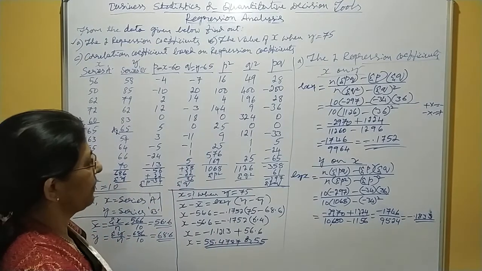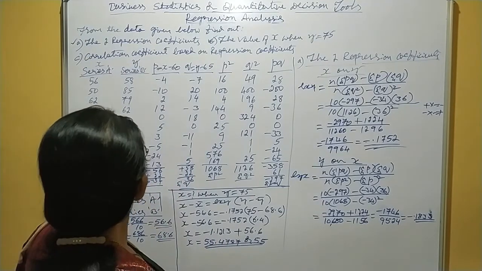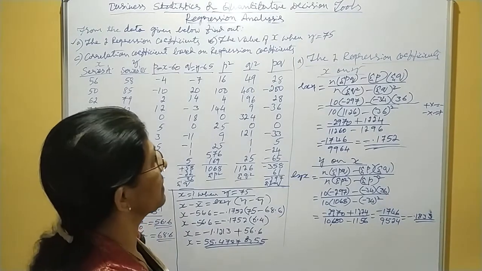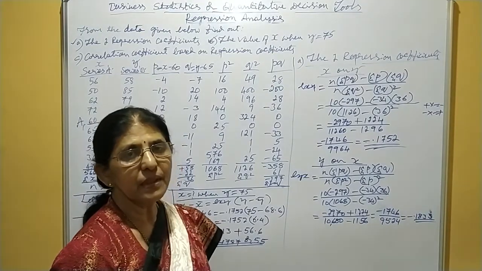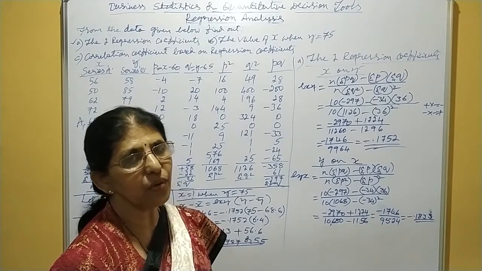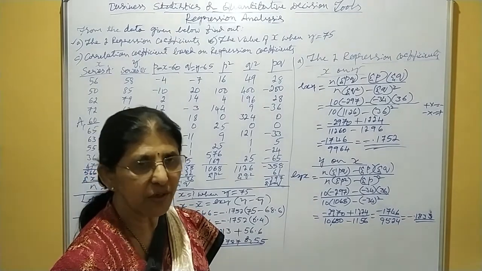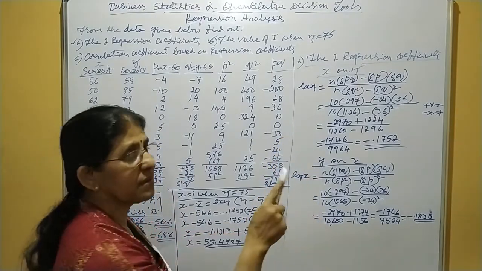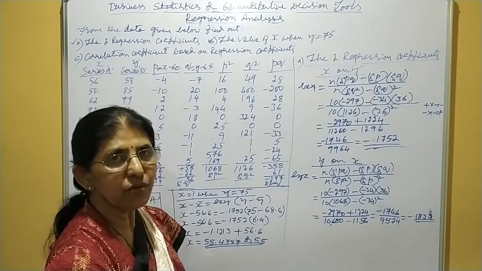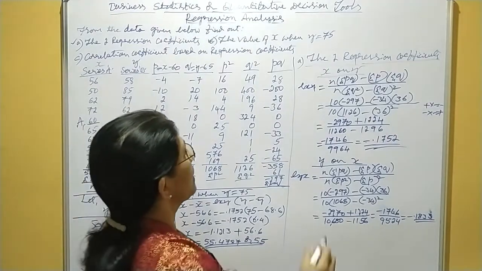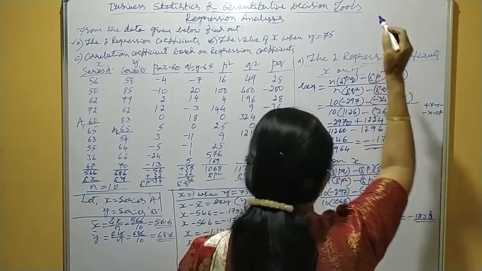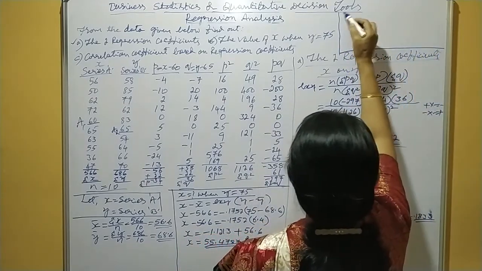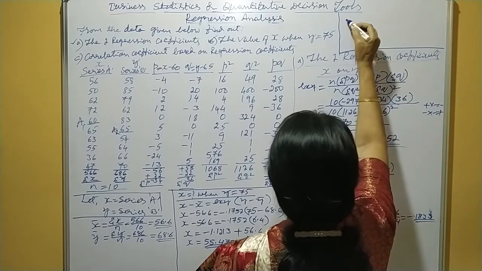Now next one, you have to find the correlation coefficient based on the regression coefficients. Here I have already told you, that is nothing but the relation between correlation coefficient and regression coefficient. There we said the geometric mean of the regression coefficients is equal to the correlation coefficient.